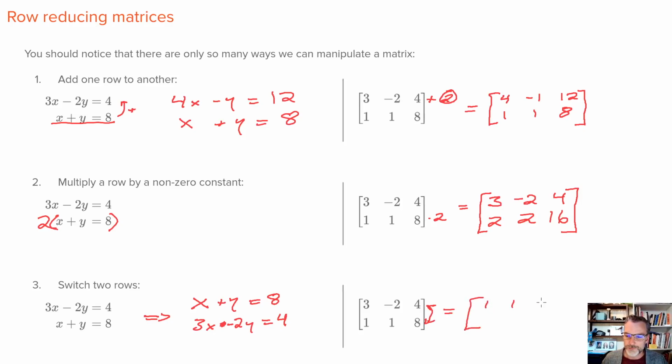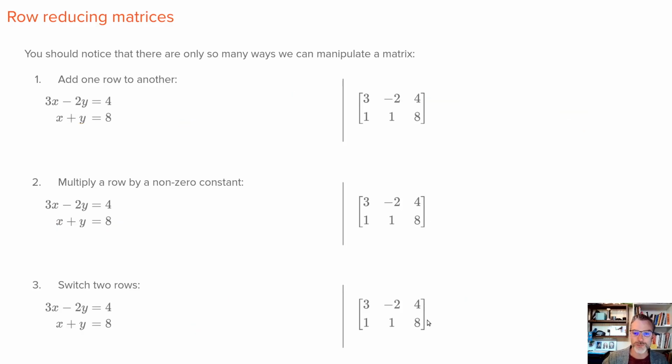So I've got 1, 1, 8, and then 3, minus 2, 4. Okay? Fantastic. Those are the only 3 rules to this rearranging coefficient matrices game. As long as you do them, when you're working with a coefficient matrix, you can do them in any order that you choose, as long as you just stick to those 3. Okay?